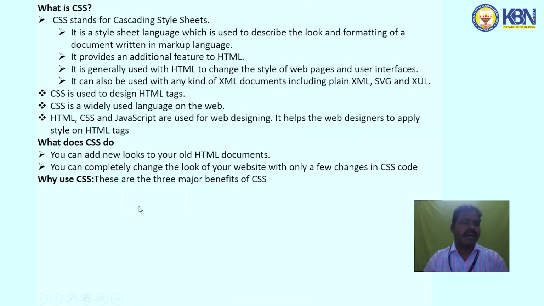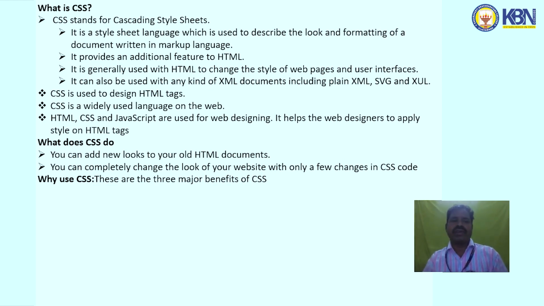Next one, last but not least, what is CSS? CSS stands for Cascading Style Sheet. It is a style sheet language which is used to describe the look and formatting of a document written in a markup language. It provides additional features to HTML.